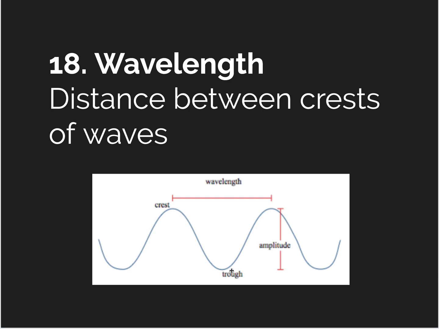The bottom of the wave is called the trough. And from the trough to the crest is the amplitude. But we're concerned here mainly with wavelength. Remember, the longer wavelengths are radio and microwaves. The shorter wavelengths are X-rays and gamma rays.